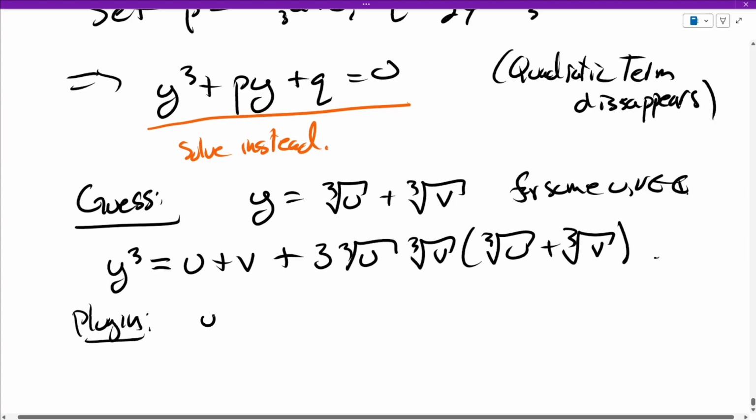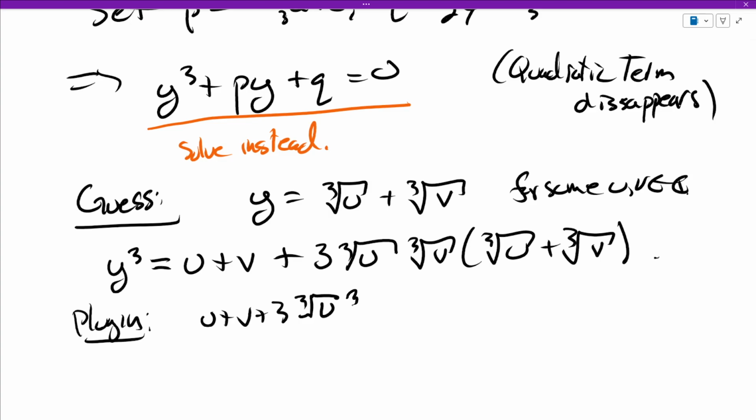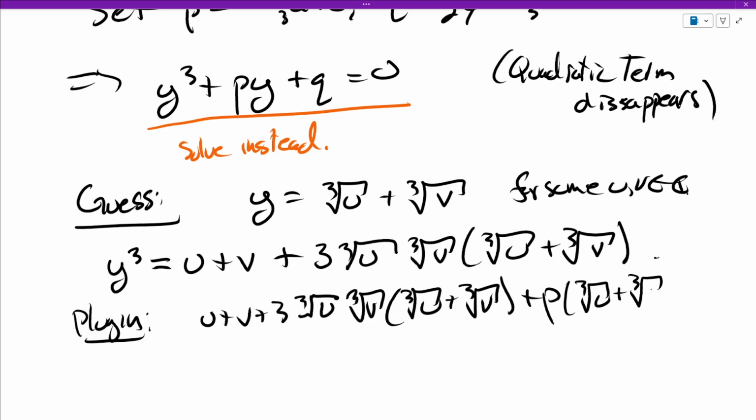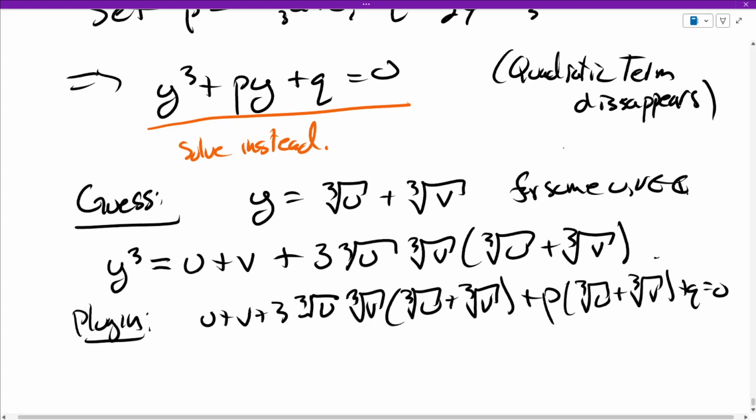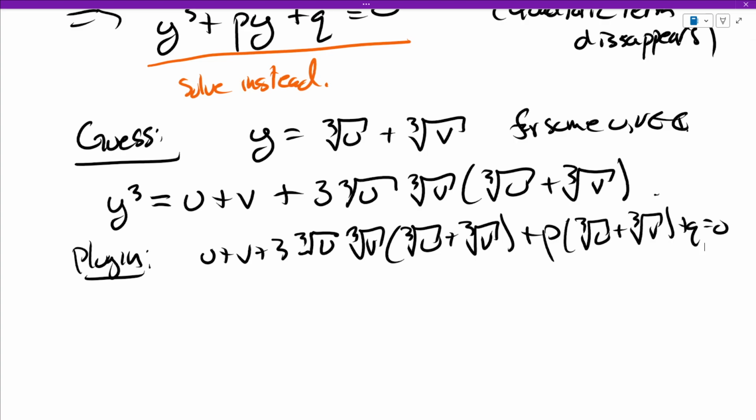So we get u plus v plus 3 cube root of u, cube root of v, times cube root of u plus cube root of v, plus p times y, and then plus q equals 0. Great.